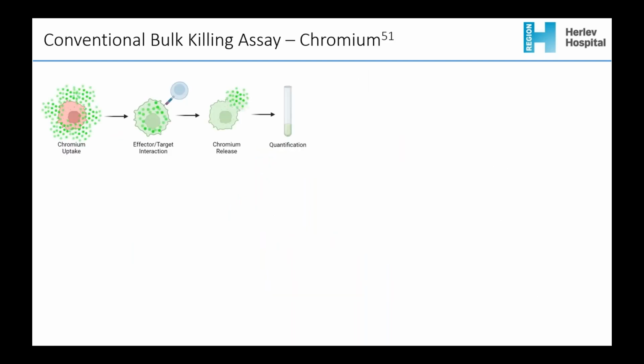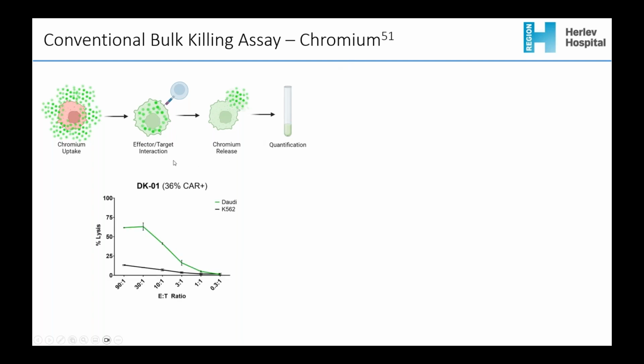With these cells, I do a lot of killing assays, mostly this conventional bulk killing assay, the chromium-51 assay. And here's an example from our first patient of the trial. They were infused with an infusion product that is 36% CAR positive.